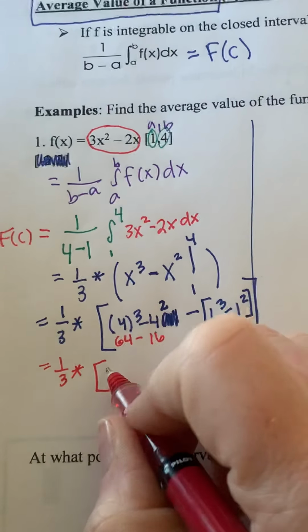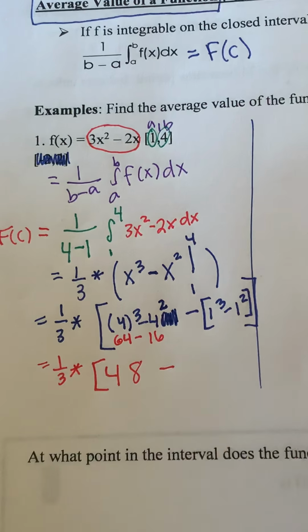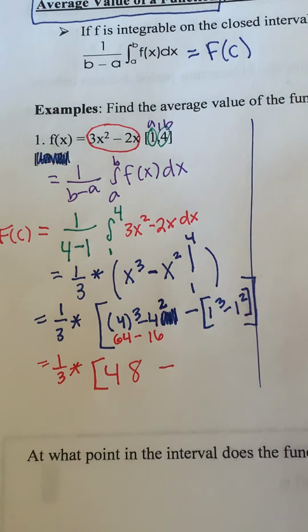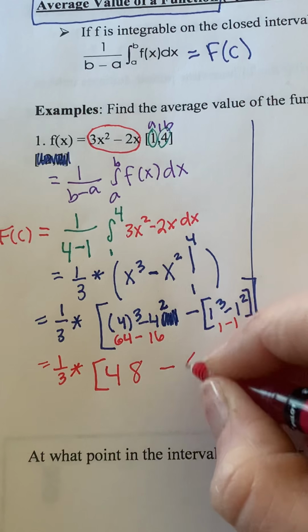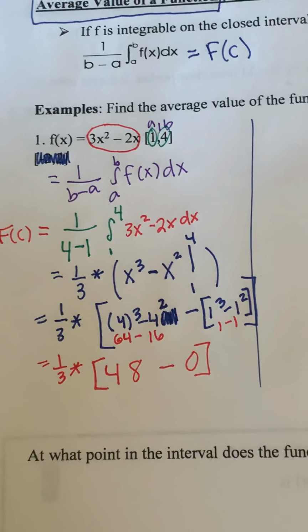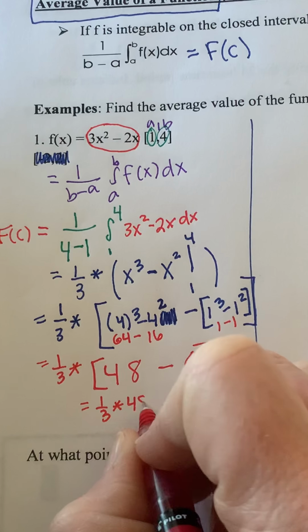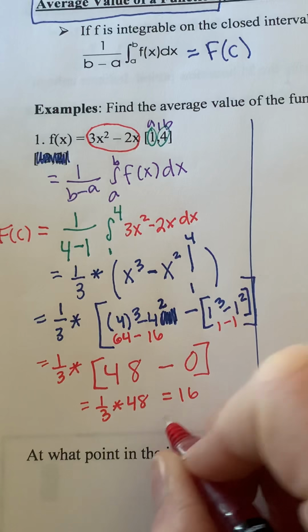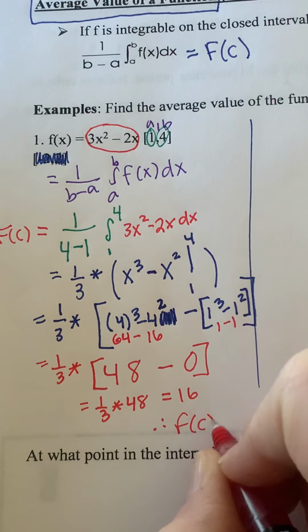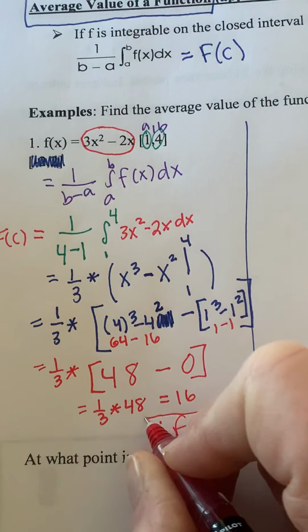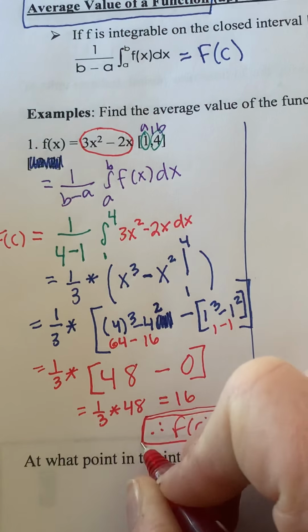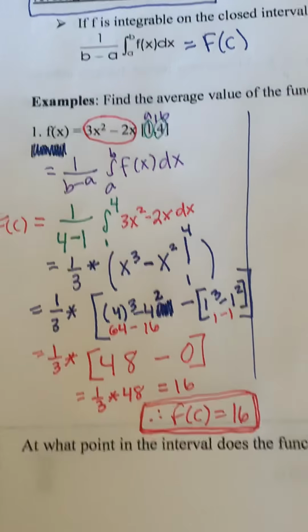Okay, so that gives me 48 minus, and then 1 to the 3rd minus 1 squared, that's 1 minus 1, which is 0. So this is 1/3 times 48, which is 16. Therefore, f of c is 16. That's its average value on that interval.